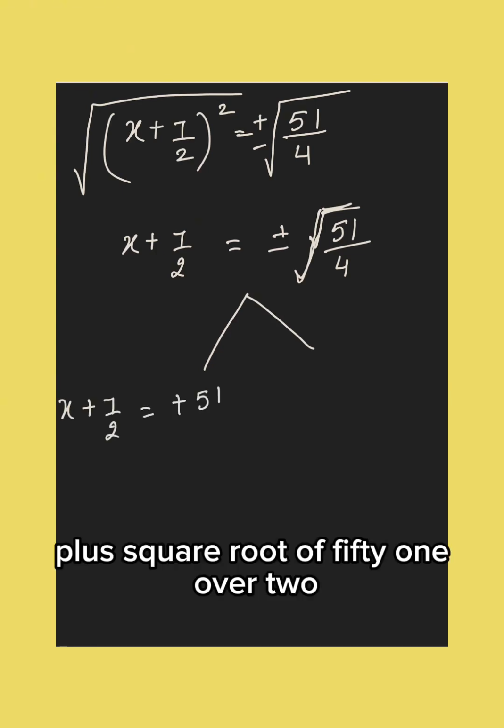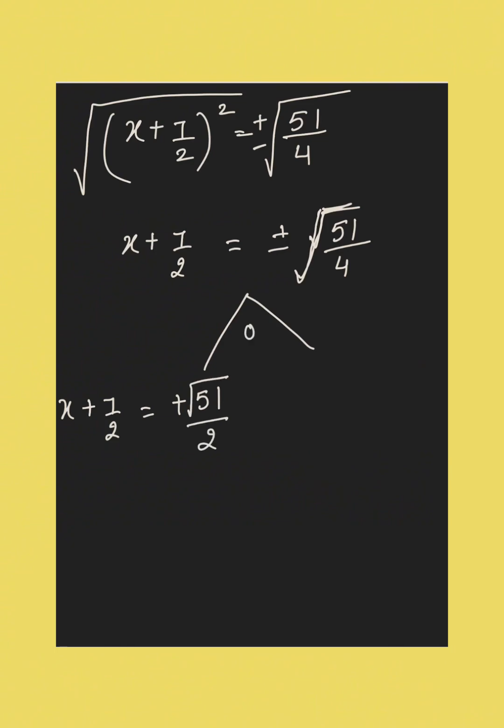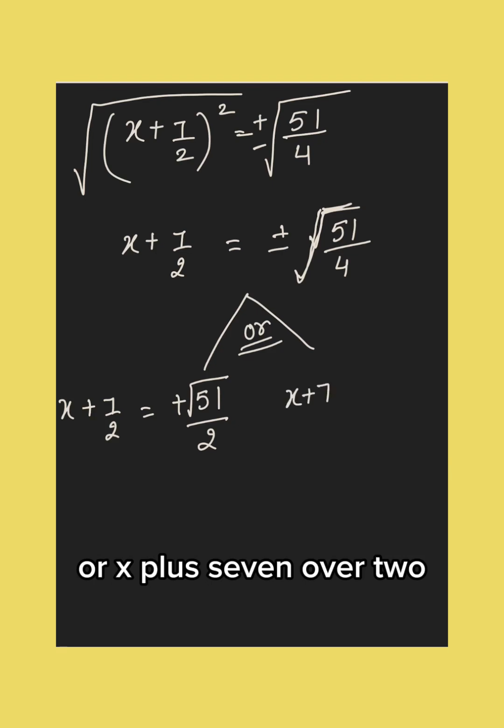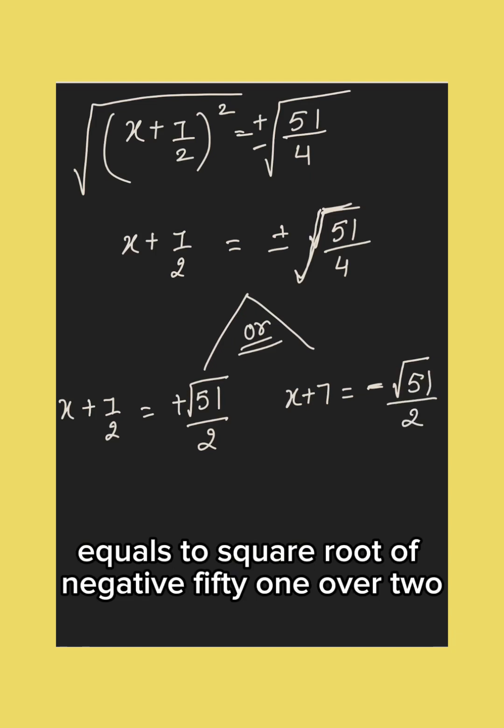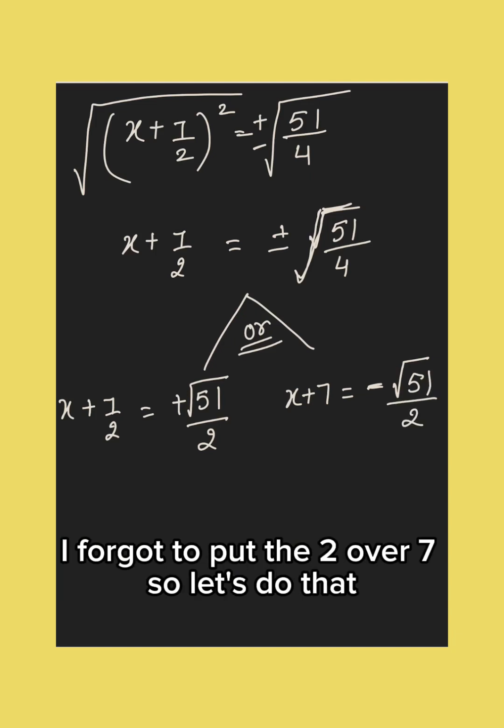x plus 7 over 2 equals plus or minus the square root of 51 over 2. I forgot to put the 2 under the 7, so let's do that.